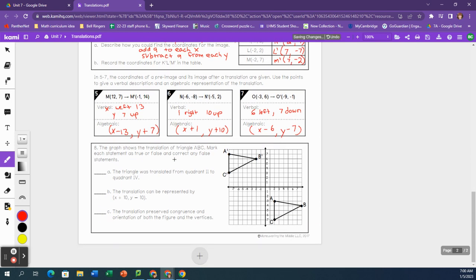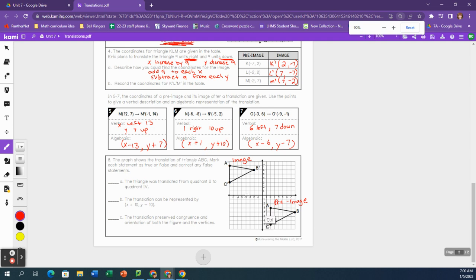Okay? Last question. The graph shows the translation of triangle A, B, C. Mark each statement true or false. Okay? This is the image. This is the pre-image. How do I know that? Well, see this right here? There's not a little apostrophe. Okay?